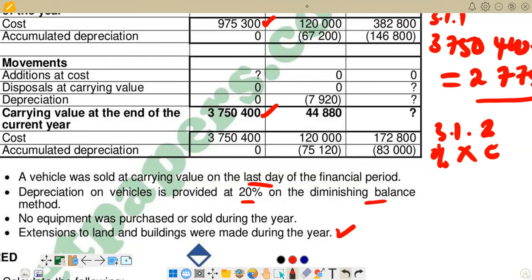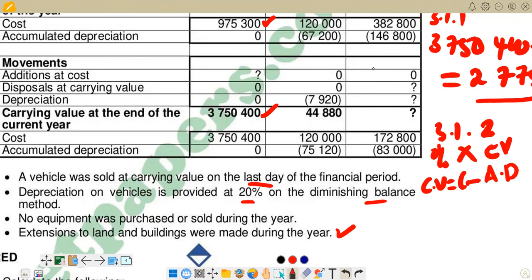So let's try to see what we have there. So we say percentage of carrying value, but carrying value, we would find our carrying value as saying cost minus accumulated depreciation. This is the formula for finding this carrying value that we have here. So we first have to find the carrying value so that we calculate the depreciation for motor vehicle.